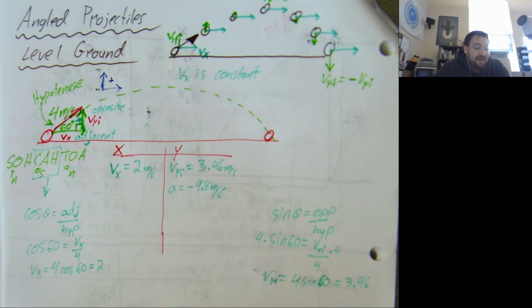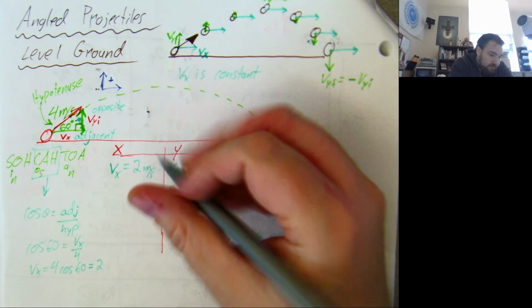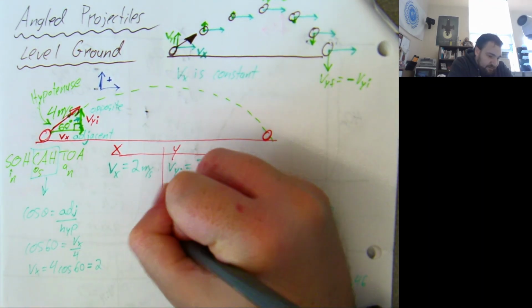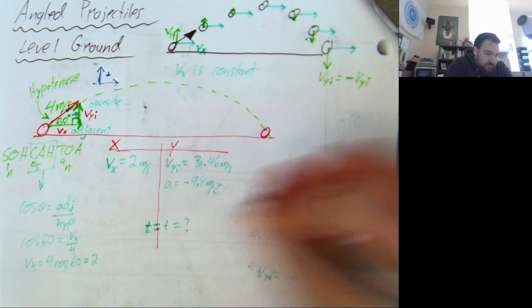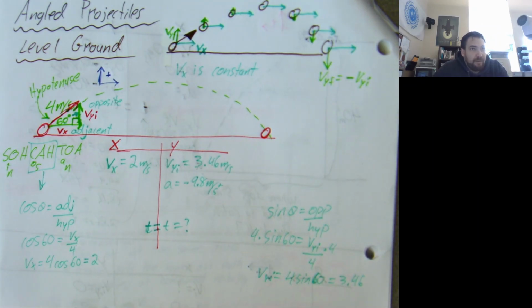Anyone want to take, well, let's do it this way. What could we find based on this information? What are the kinds of questions I could ask? Yeah, here, give me one. How long did it take? T. We could find that. Okay.